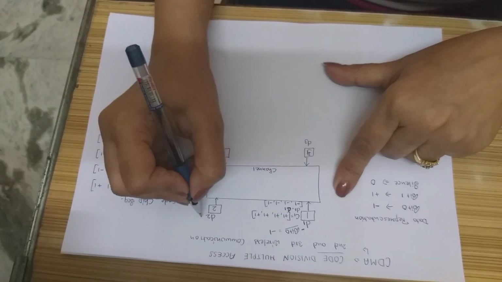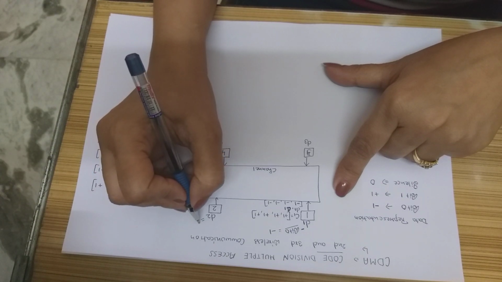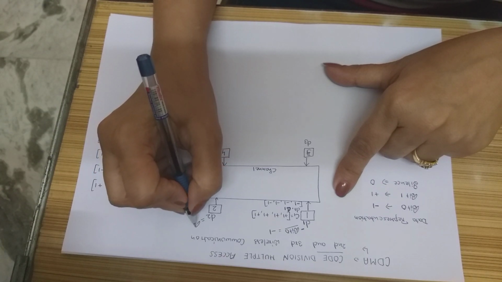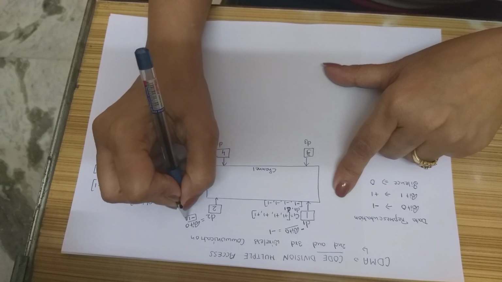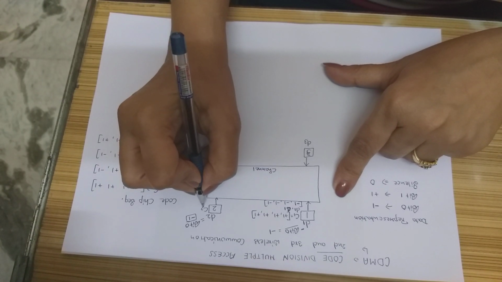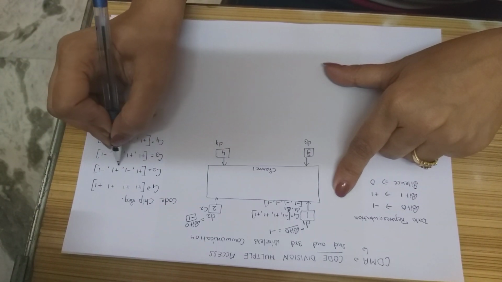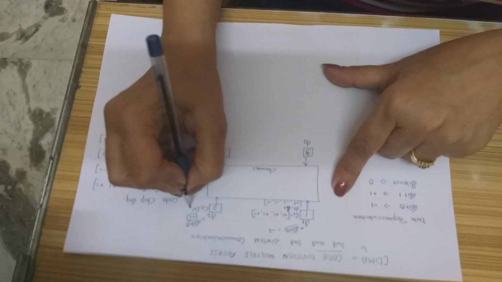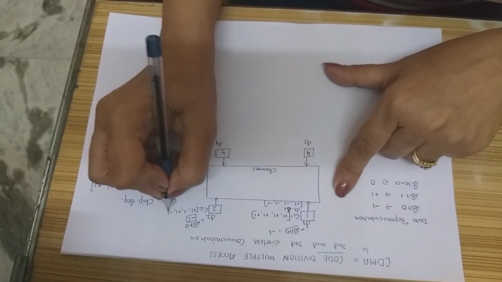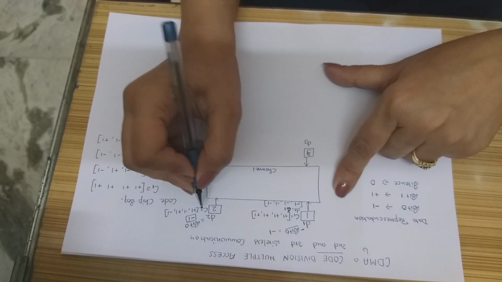In the same way, suppose station number 2 has data that is again bit 0, whose value is -1, and its code C2 is +1, -1, +1, -1. So this is the code we have under station number 2.